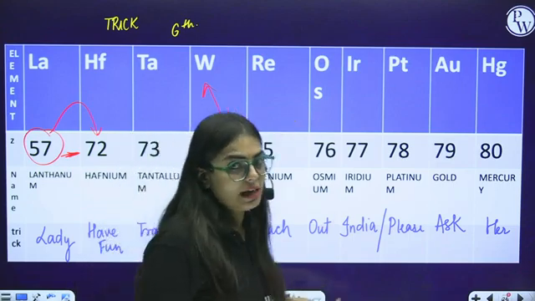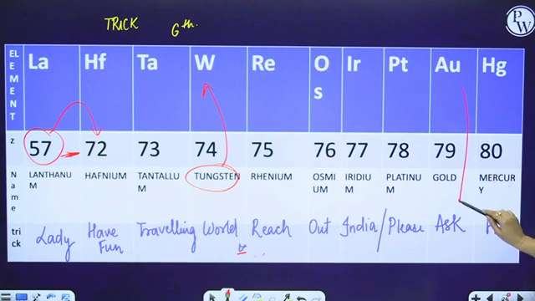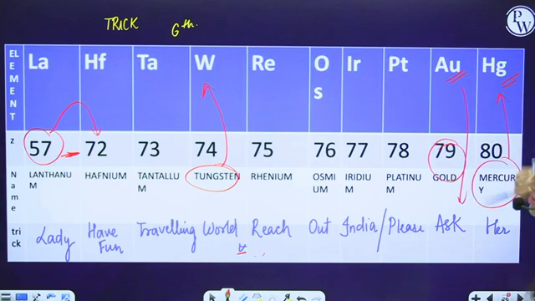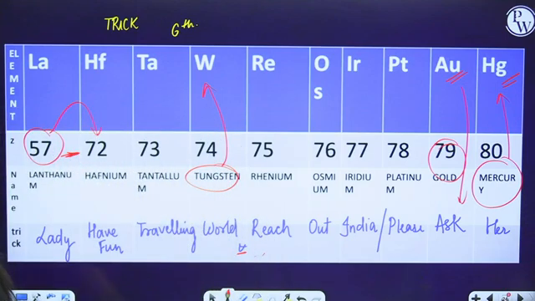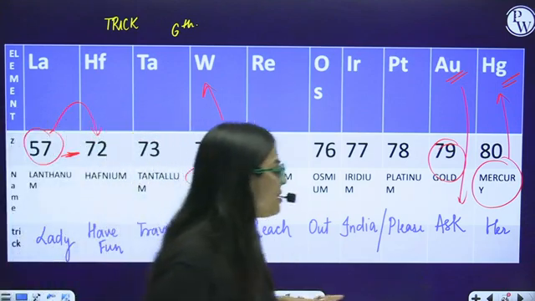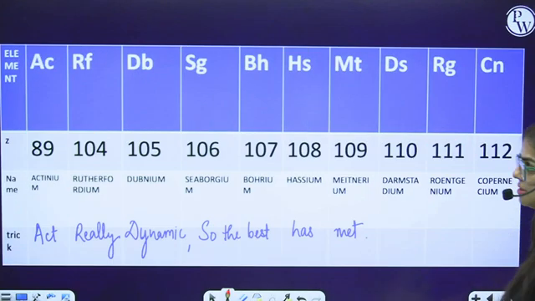For Ir I have written India, and for Pt I have written please. Au I have written ask. Now don't consider that it is gold so you have to start with G. No, I am representing the symbol. And then her, it is mercury. Now mercury starts with M, but the symbol is Hg. So the trick is: lady have fun traveling and reach out India, please ask her. Okay. So this is for period number 6.